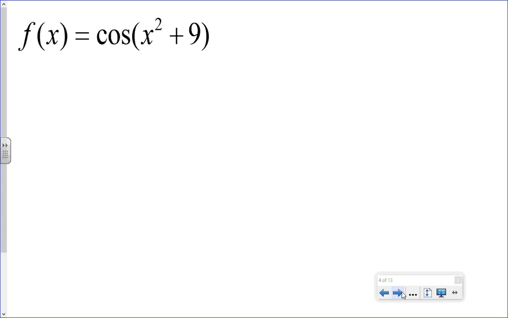Okay, we have a composition function. You have to be able to recognize what a composition function is. We have a function inside of another one. So when we take the derivative, what is our outermost function? Cosine. That's what we take the derivative of first. Derivative of cosine is negative sine.